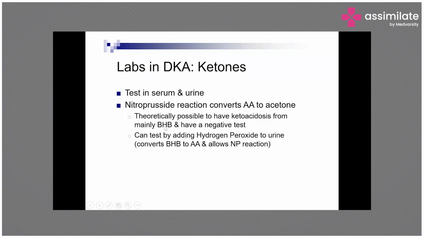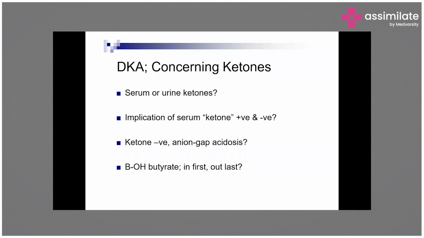So that's why we may have to add hydrogen peroxide sometimes to urine to get better results and to detect ketones more efficiently. So whenever possible, serum ketones should be done.